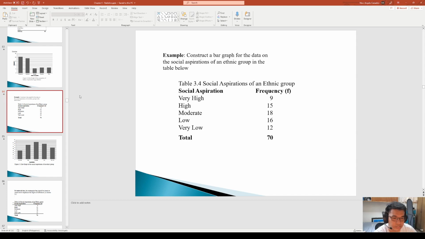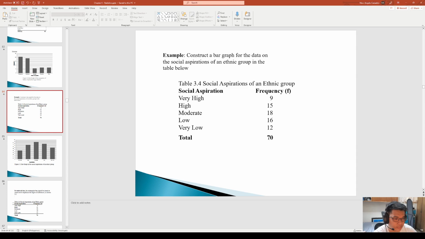Okay, so another example. This time social aspirations for ethnic group, we have very low, low, moderate, high, and very high. Again, this is an ordinal data. So for nominal and ordinal, magkakahiwalay yung bar graphs nila, kasi sila ay discrete.